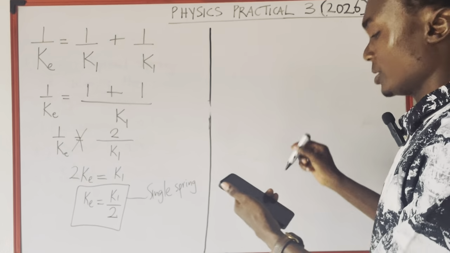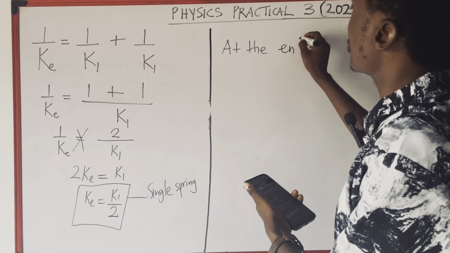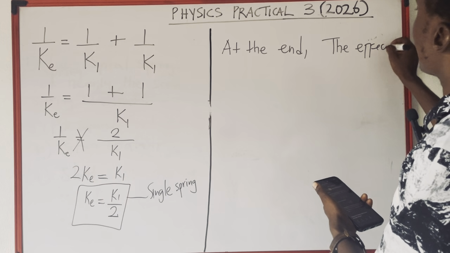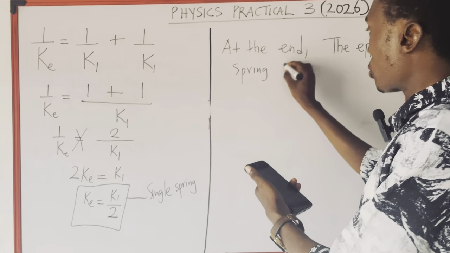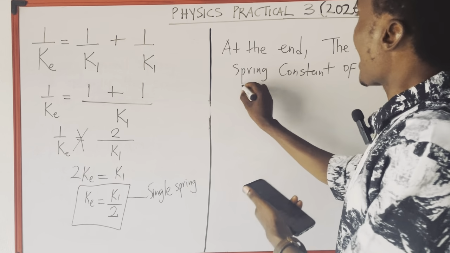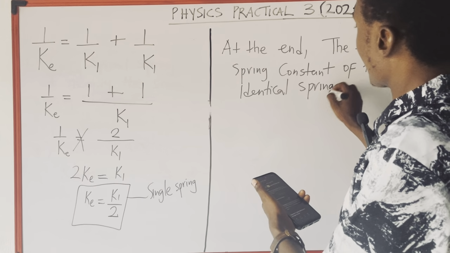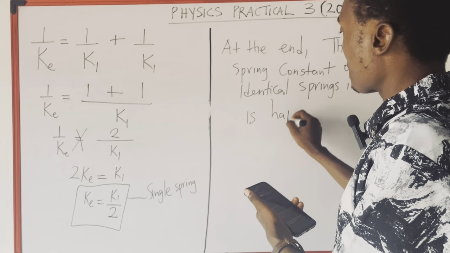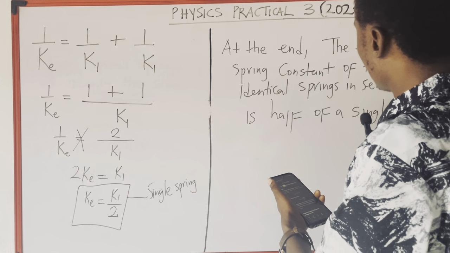So the final comparison is at the end. And what is our conclusion? At the end, the effective spring constant of two identical springs in series is half of a single spring.